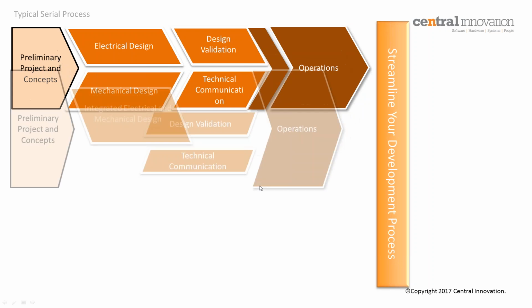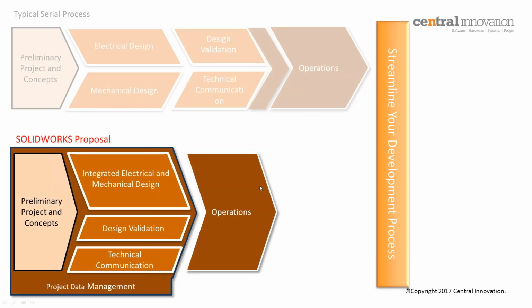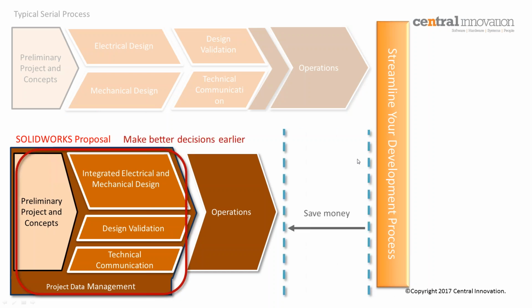However, with the SolidWorks proposal, we can do all of these activities at the same time and instantaneously update any stage if required. Design validation, technical communication, and even data management can happen as a parallel procedure. And this is exactly where we save money, since we are saving time and also resources.